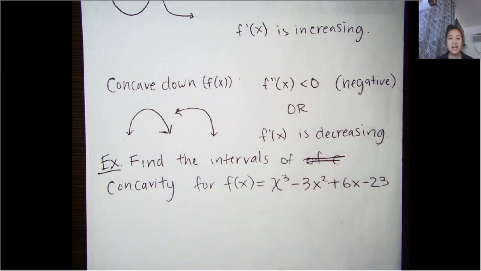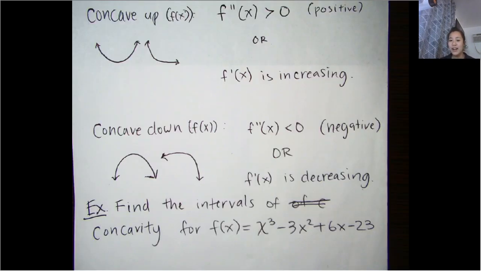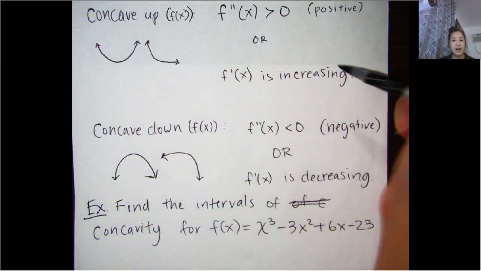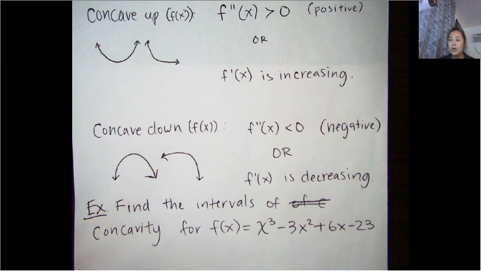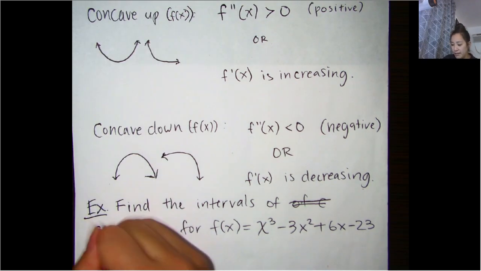We are going to find the intervals of concavity for f of x equals x cubed minus 3x squared plus 6x minus 23. As we stated up here, concavity is determined by the second derivative. So the first step would be to take the second derivative. So find f double prime of x.